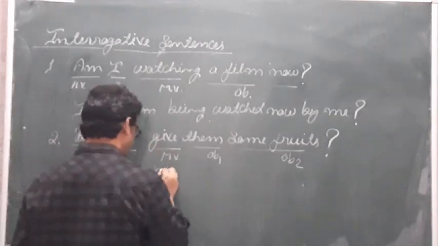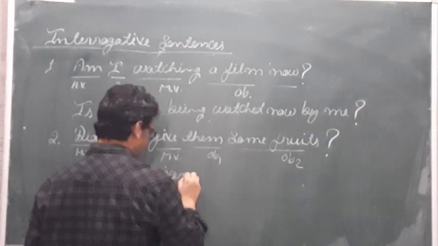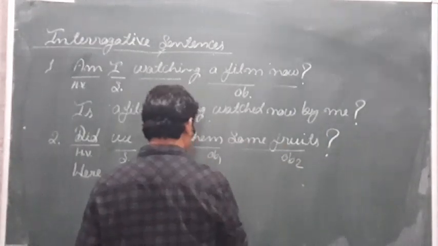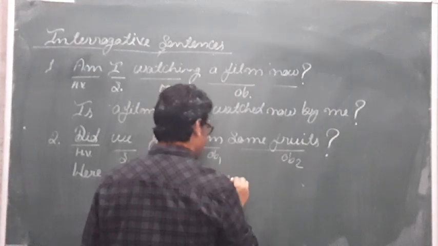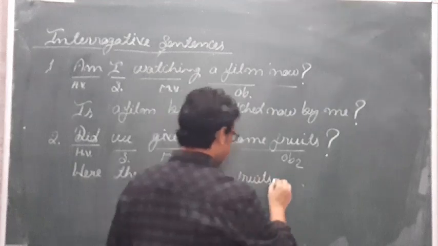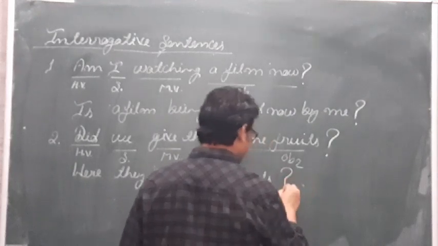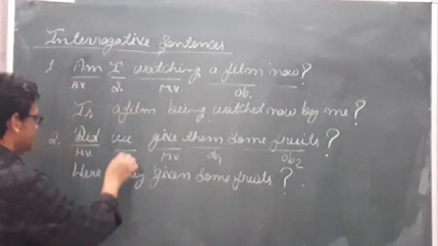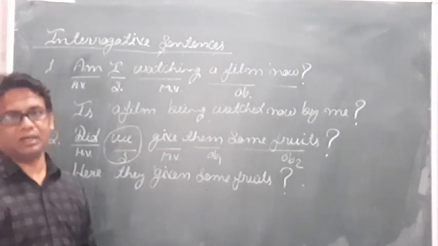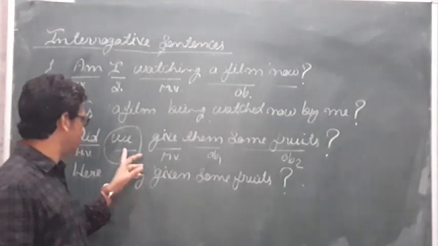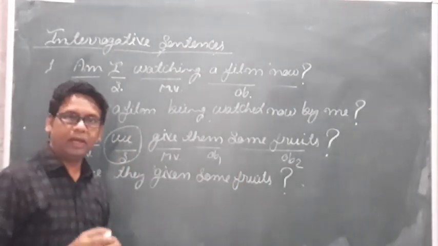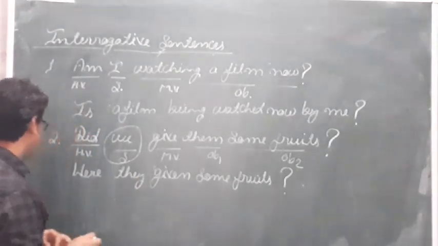Now the third form of the verb is given, and the rest of the sentence: some fruits by. And now we don't need to write we as an object, because the subject we is unnecessary. Understand?